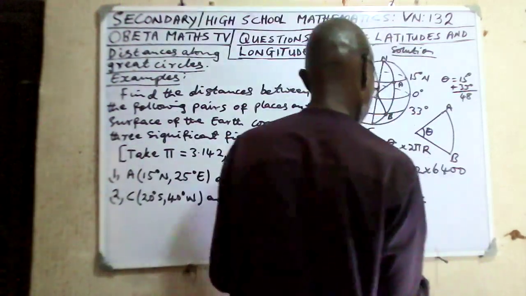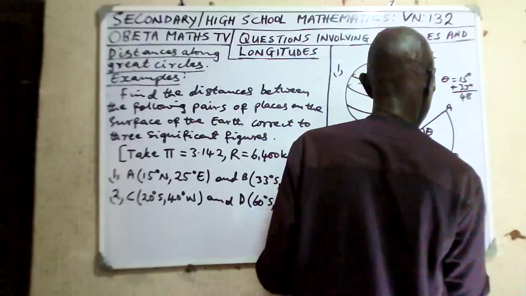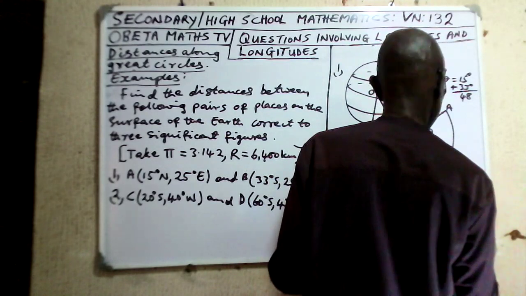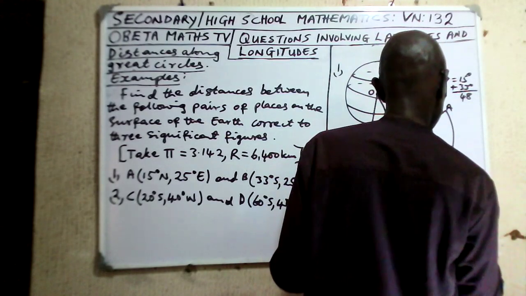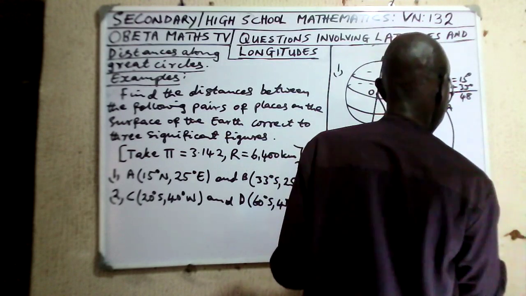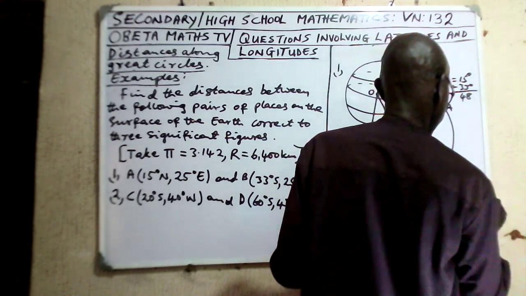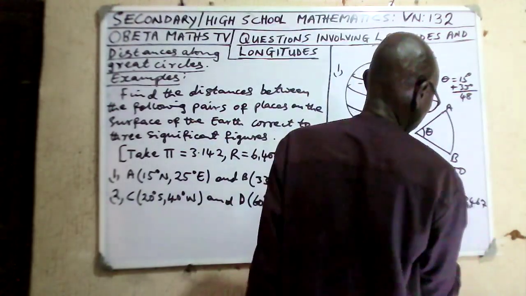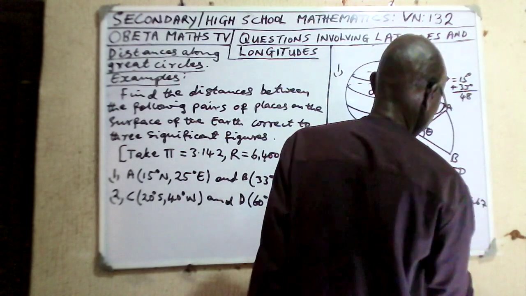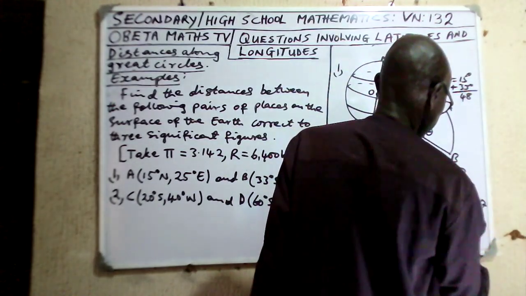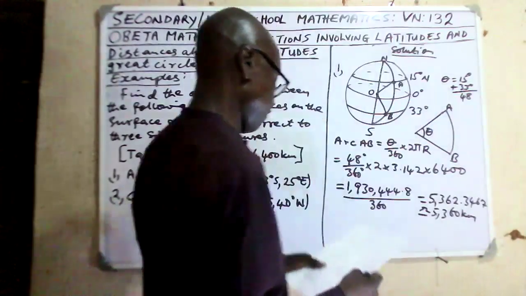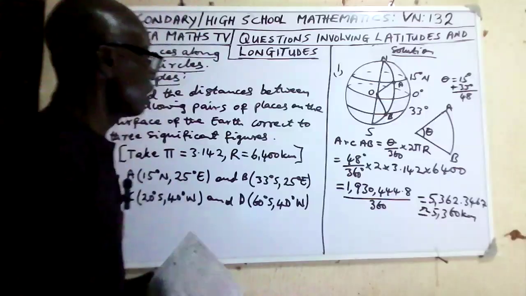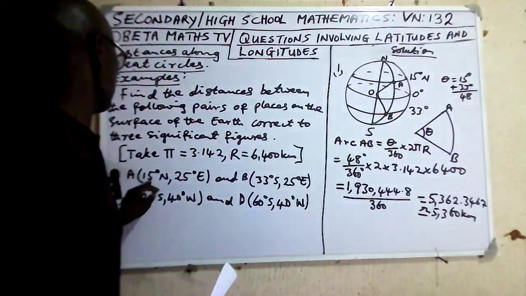That will give us 5362.3467. Now approximately, that should be approximately equal to 5,360 kilometers, to 3 significant figures. So that is the answer to question number 1.